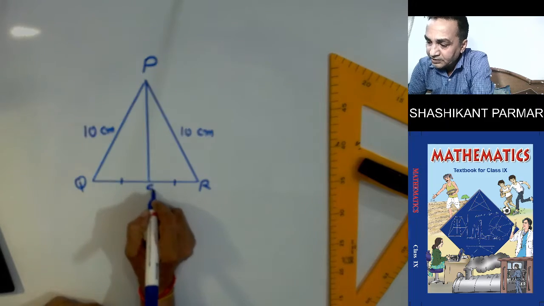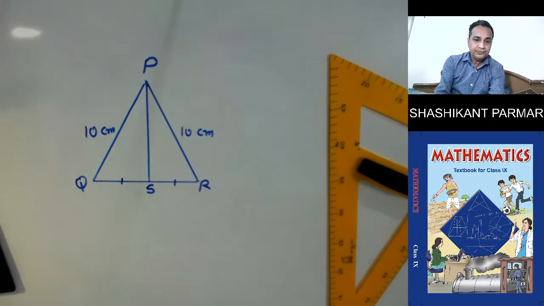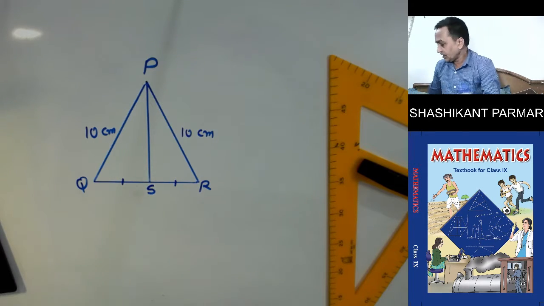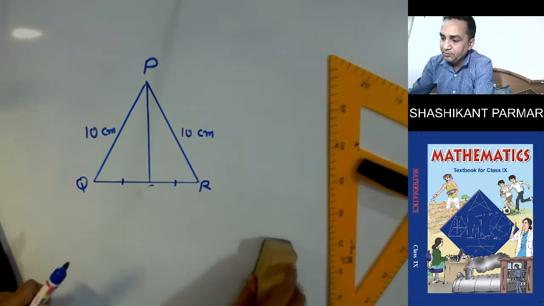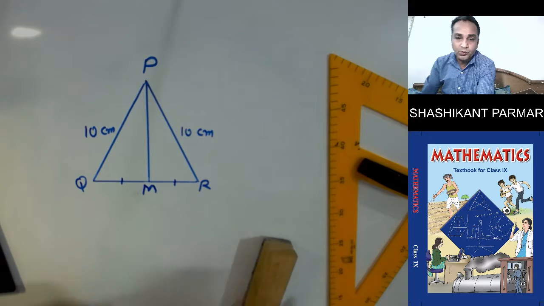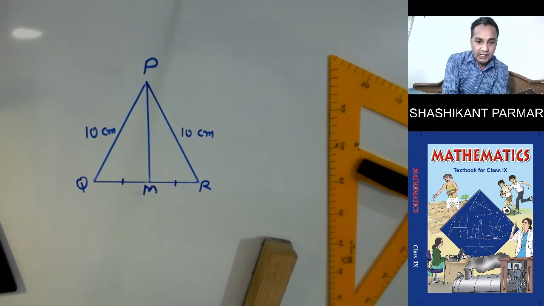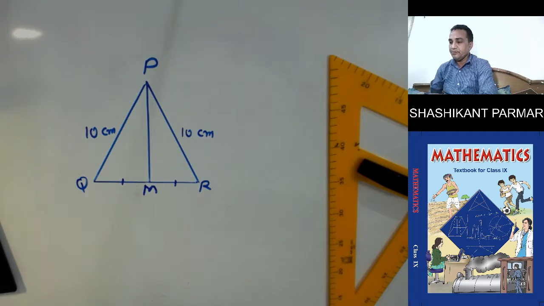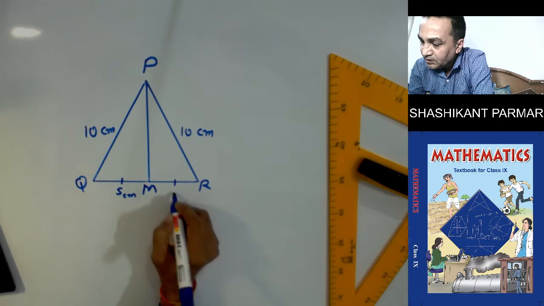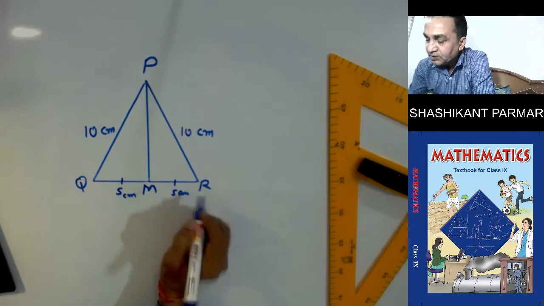Let's take M here, because in the figure I have shown it as S. So QM is 5 centimeter and MR is 5 centimeter.